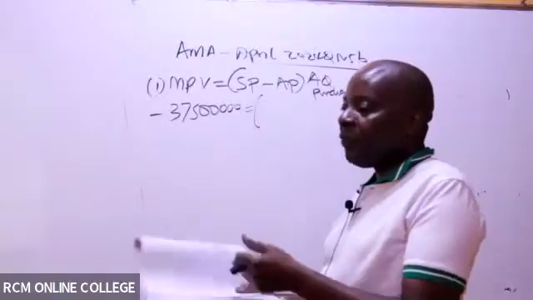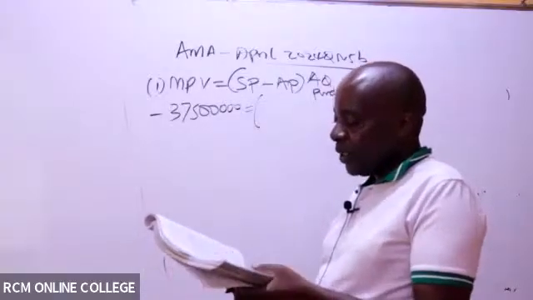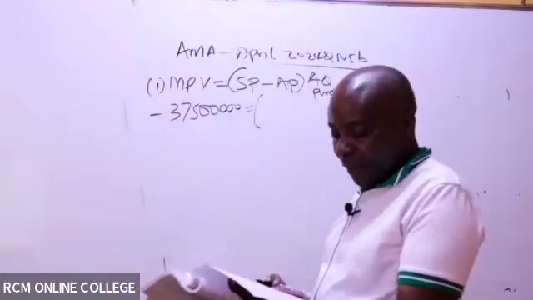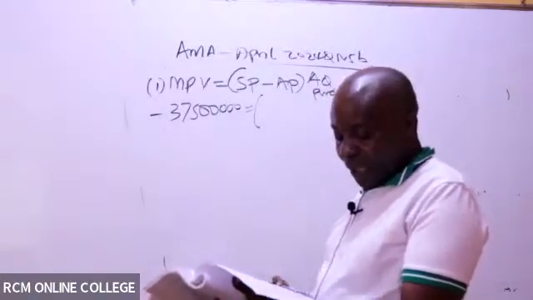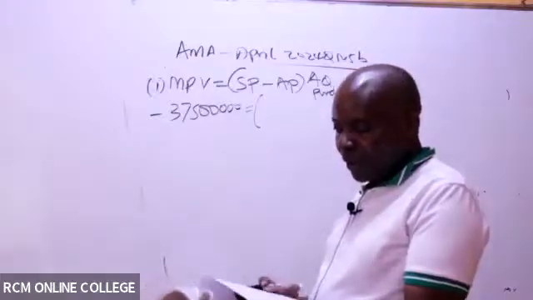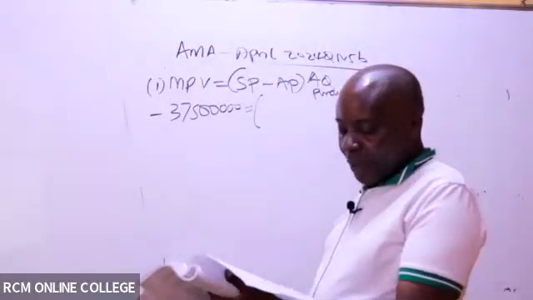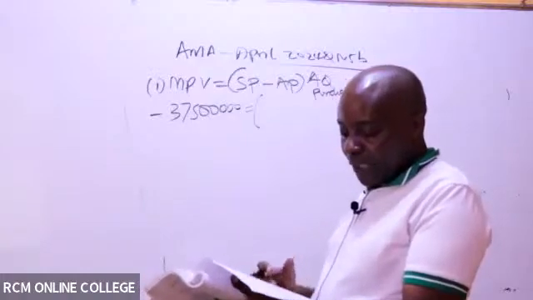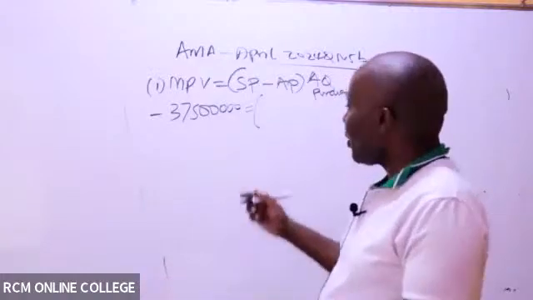We can see they have given us the standard price. Is there somebody who is able to see the standard price from the standard cost card given? Material price: 15 kilograms at 5,000 per kilogram.